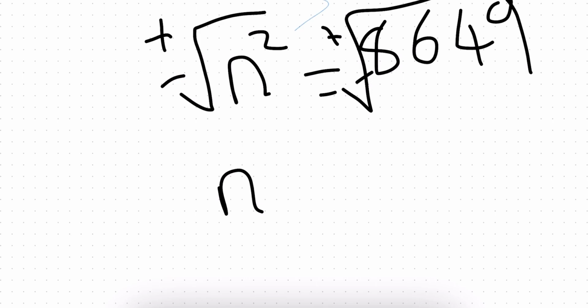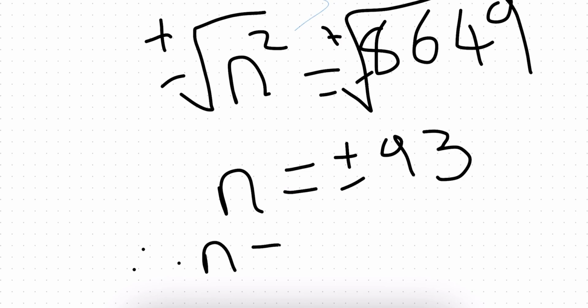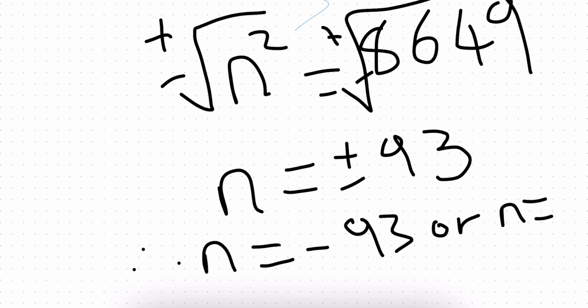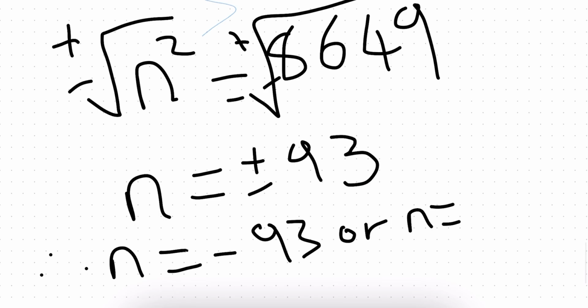The square root of this number is 93, no? So that means therefore your n should be equal to minus 93, or your n should be equal to positive 93.